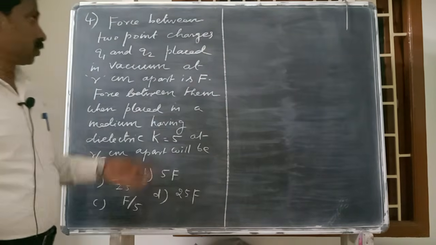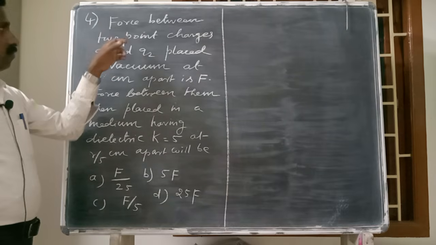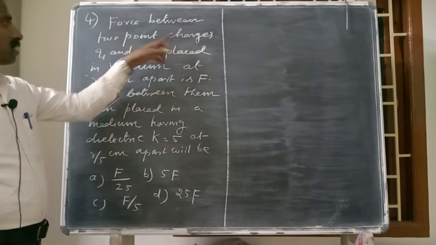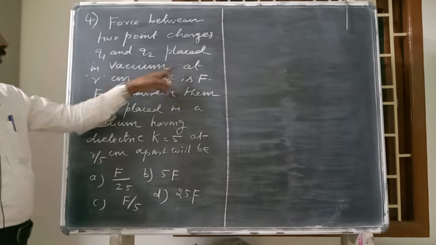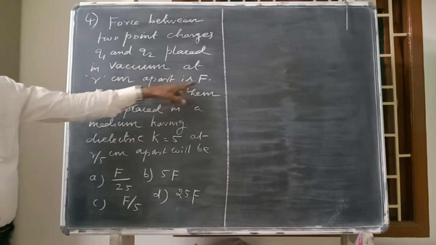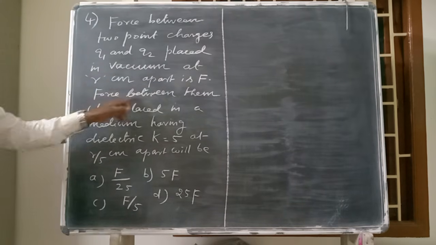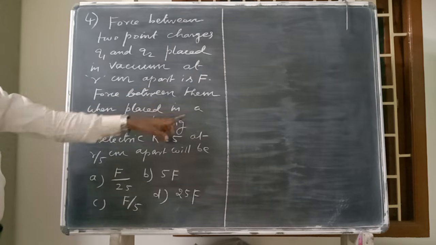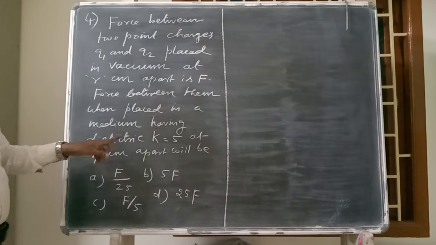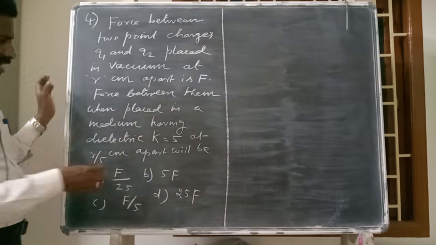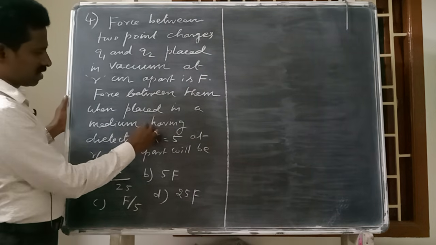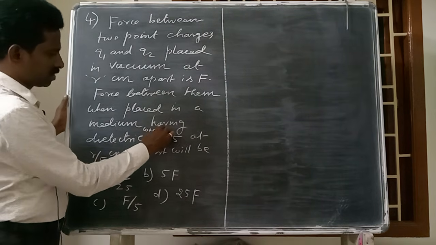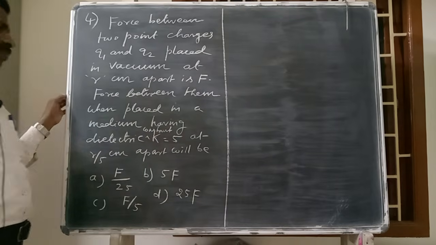Now let us see the next question. Force between two point charges q1 and q2 placed in vacuum at r centimeter apart is capital F. Force between them when placed in a medium having dielectric constant k equal to 5.